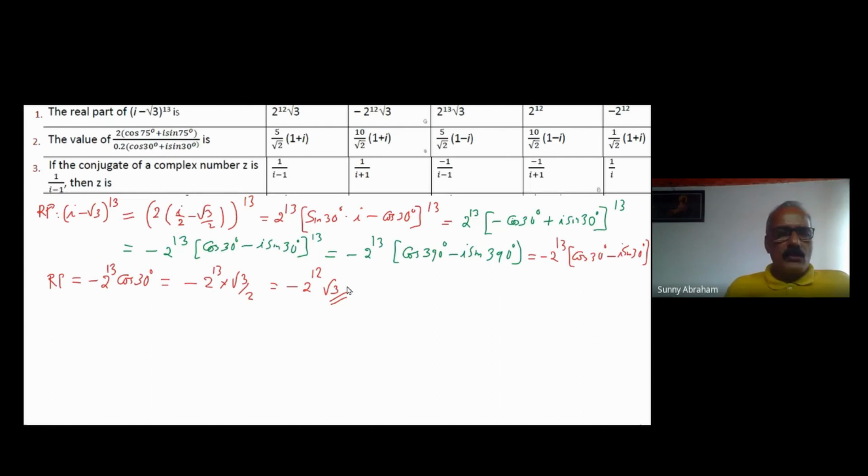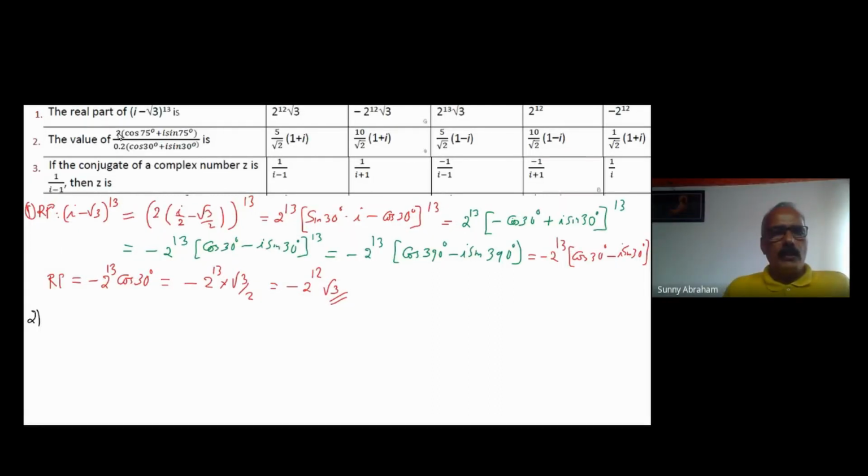Now we will solve the second question. Second one, look at this. 2 is here, 0.2 is here. So the question will be equal to 2 into, in the denominator it is 2 by 10, isn't it?